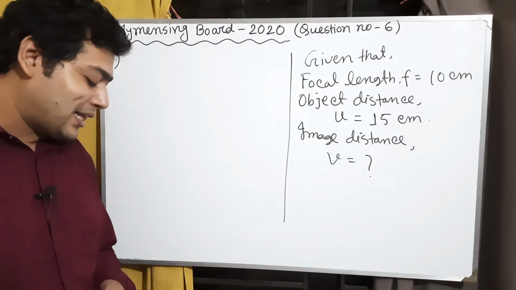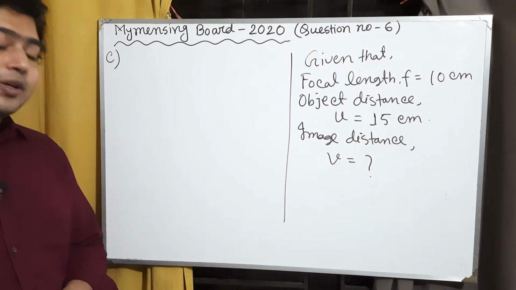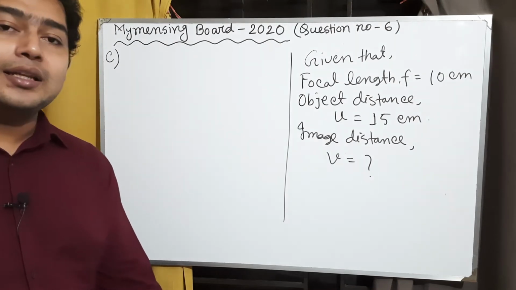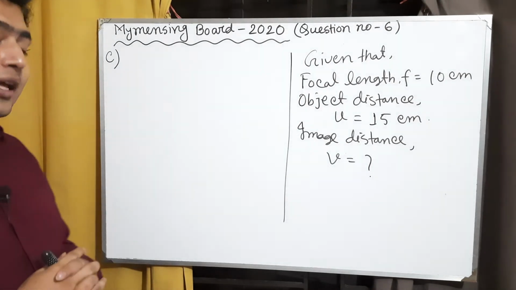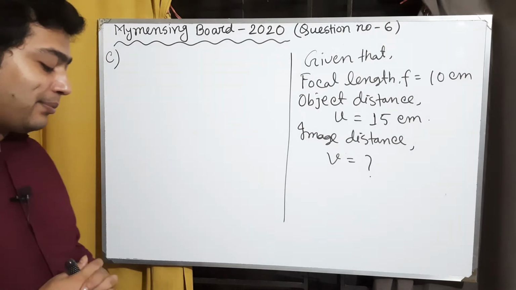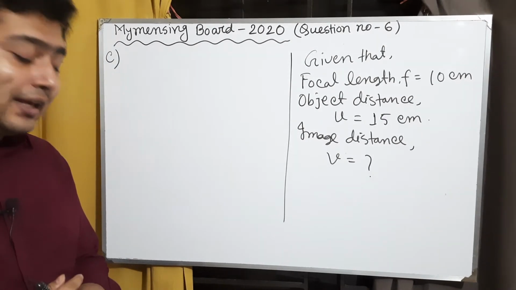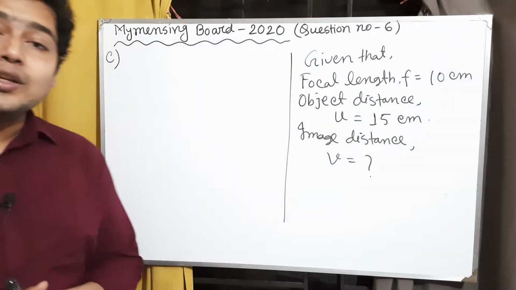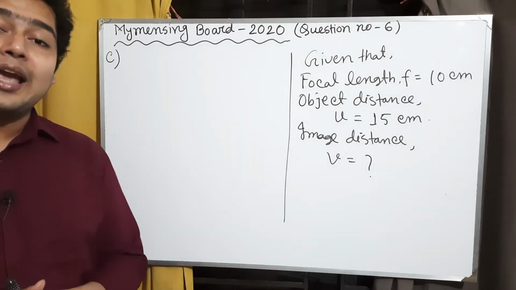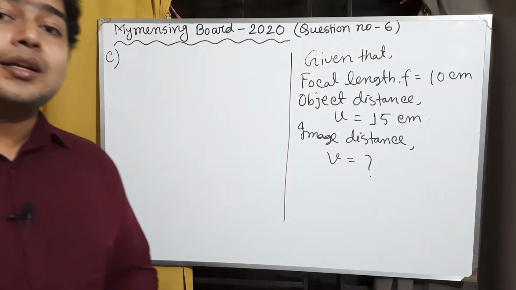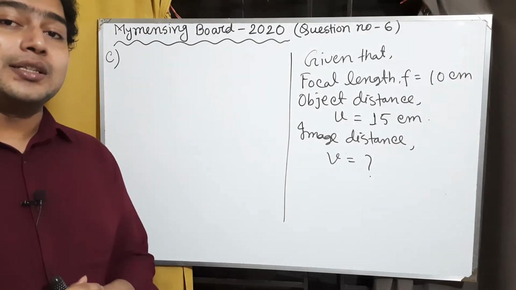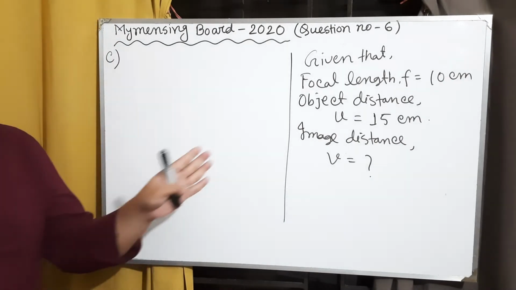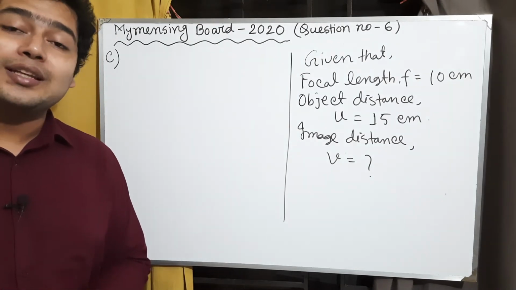Our question number C says: find out the image distance of the object of the given stem. Here in the stem we have mentioned that the magnification of this mirror is greater than 1. We know that only a concave mirror can produce an image greater than the object, so here this mirror is a concave mirror.